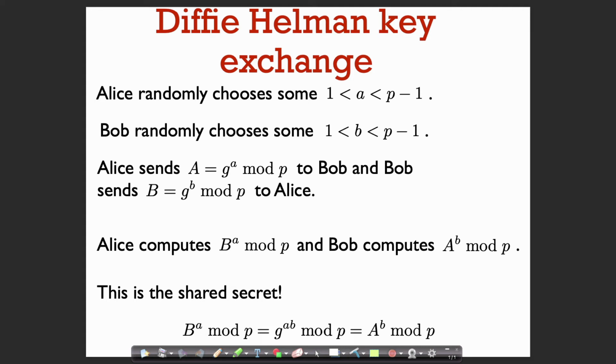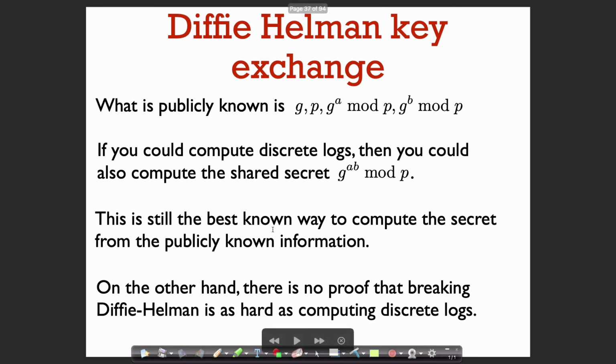So now Alice and Bob share the same number. Now why do we think that this number is secret? Let's think about what is known publicly. What's publicly known is g and p, and then Alice's message, which is g to the power a mod p, and Bob's message, which is g to the b mod p.